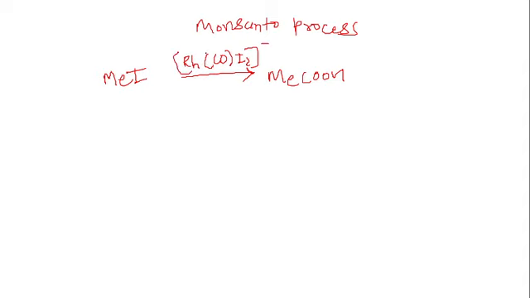This is the Monsanto process, and the Monsanto catalyst is Rh(CO)2I2 minus.